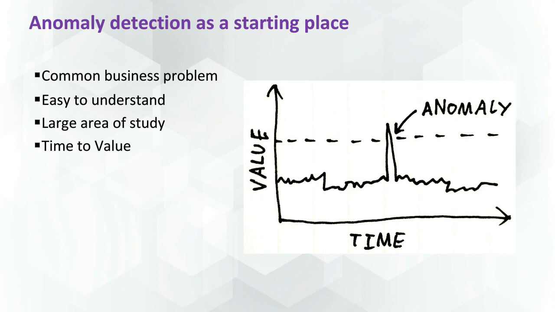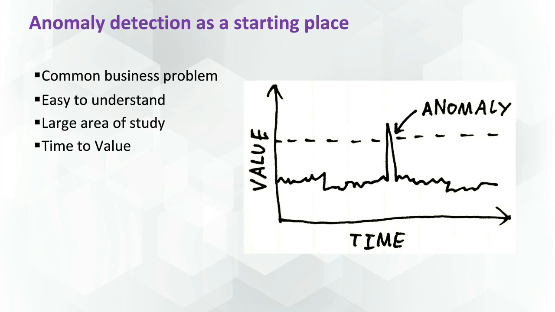I think it's a really great place to start. And you can get to value very quickly with anomaly detection. Just about every business wants to understand how sales projections work, or what to do when your sales dip, or when there's a weird anomaly in your data. So it's really easy to go and get value from something like anomaly detection very quickly.